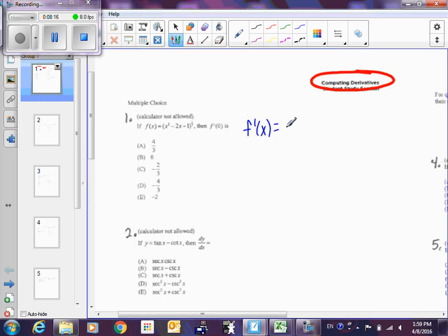F prime of x equals the power is 2/3. So let's pull that 2/3 in the front. Keep the inside the same. We're going to get to derive the inside, but for now, it stays the same. What's the new power, though? Negative 1/3.